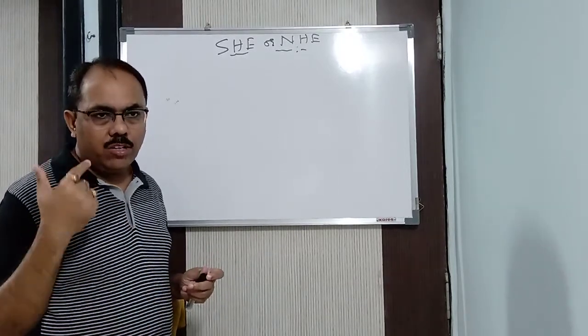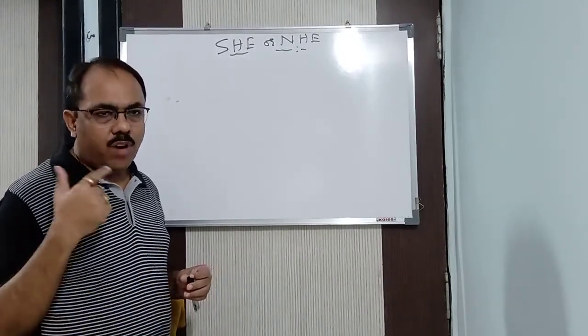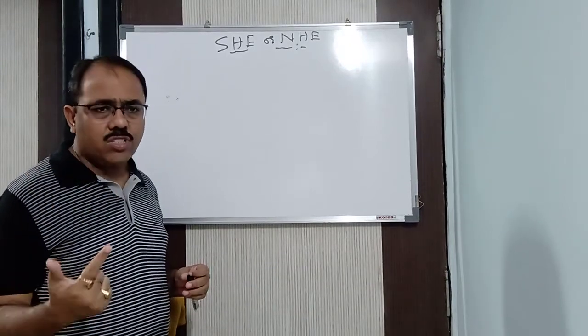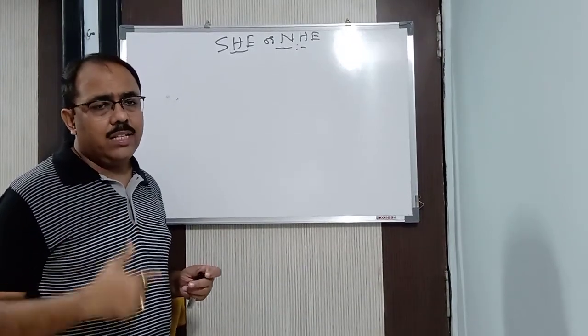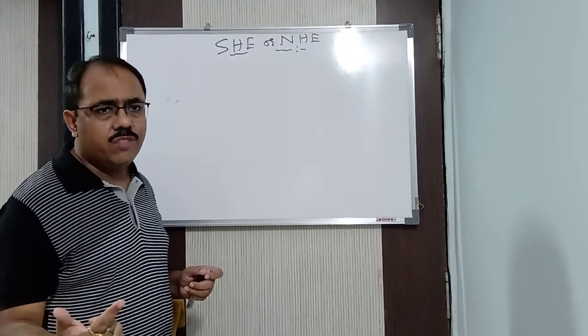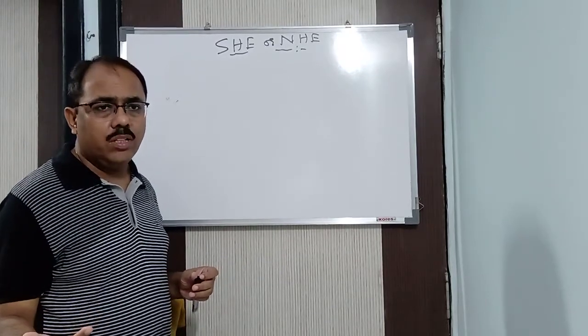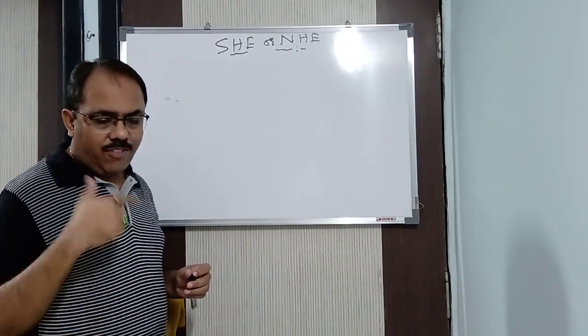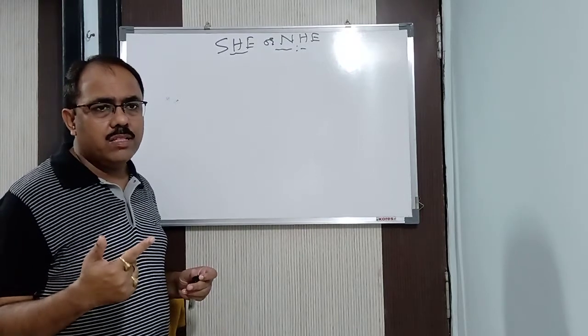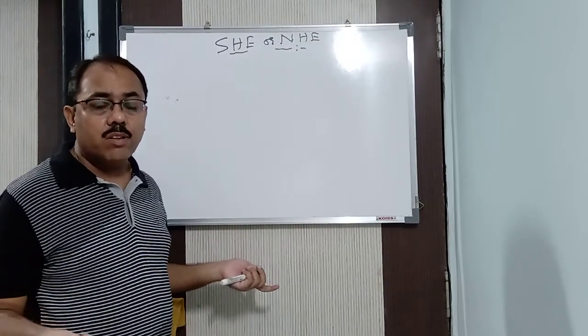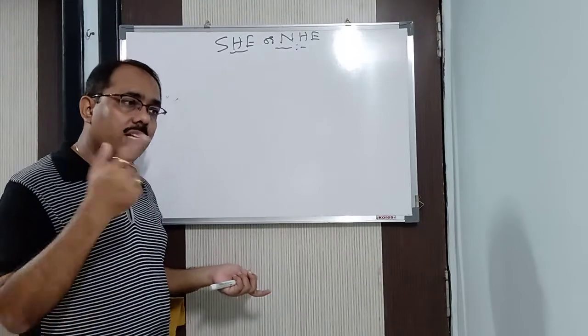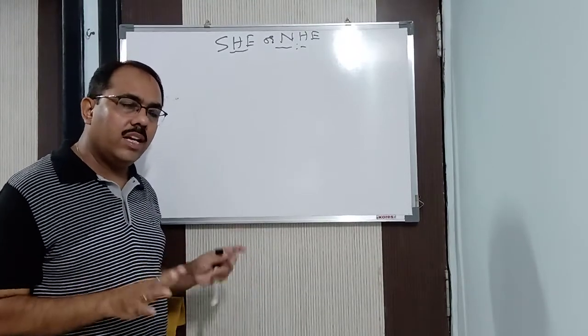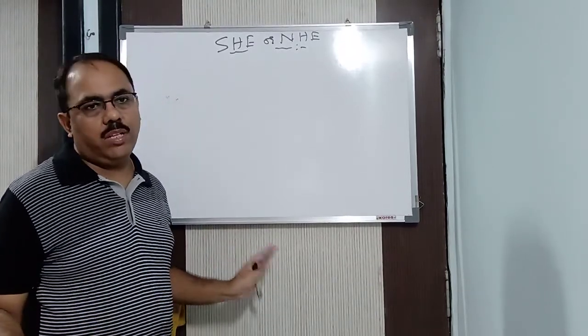If one reaction is oxidation, taking place at the anode, then the other reaction has to be reduction, taking place at the cathode. If only a single electrode is there and oxidation is taking place, where will the reduction take place? Or if reduction is taking place, where will the oxidation take place? So a single electrode potential is not possible.